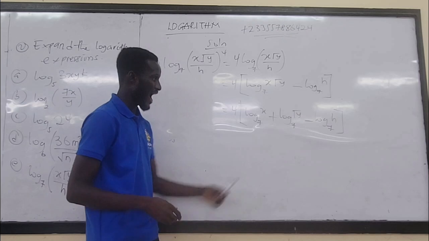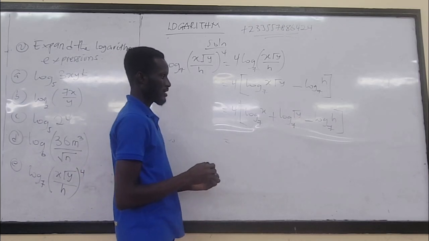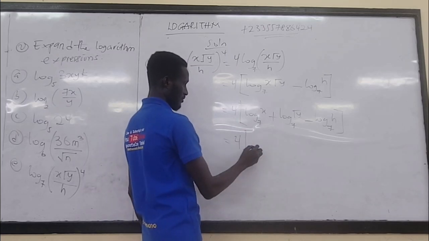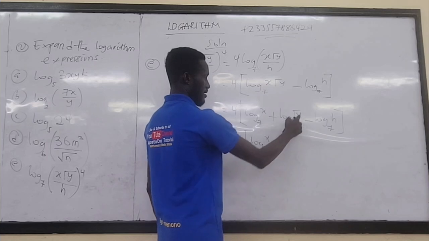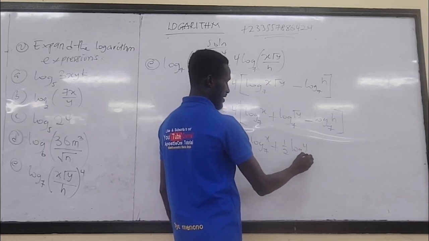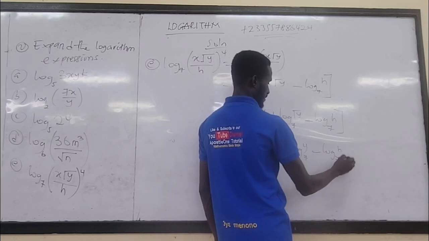Now I want to bring the half to the front of the log, then we are done. So we will have 4 log x base 7 plus the half log y base 7 minus log h base 7.